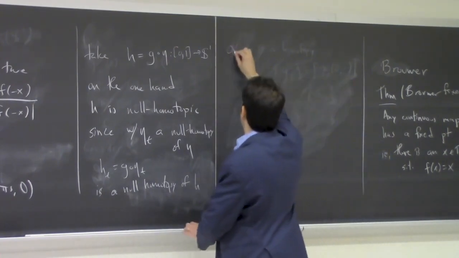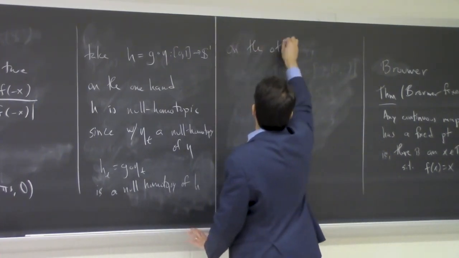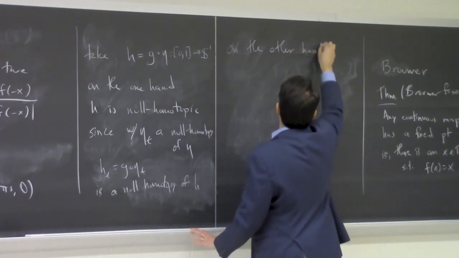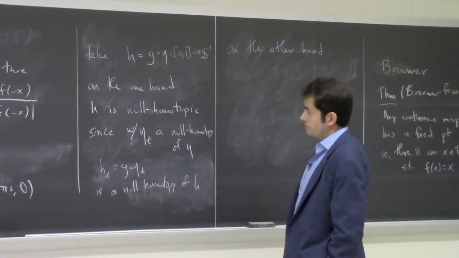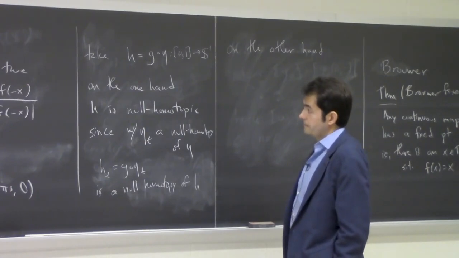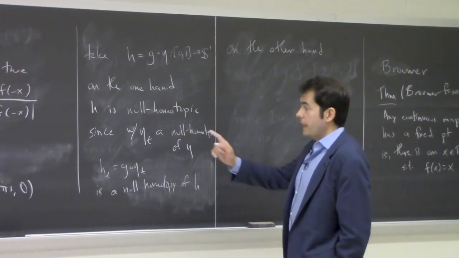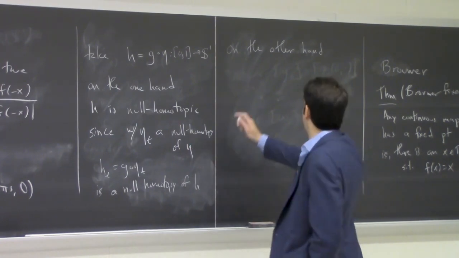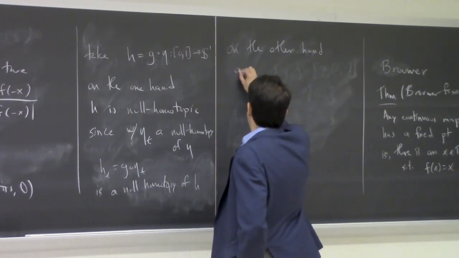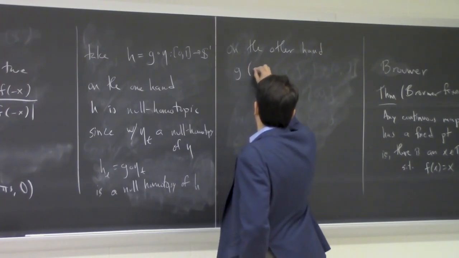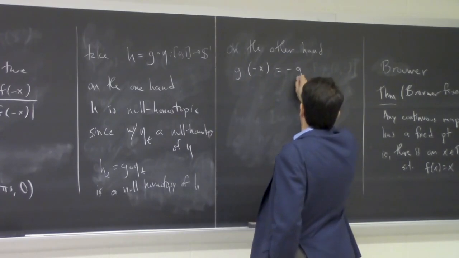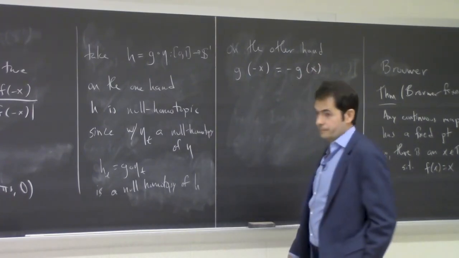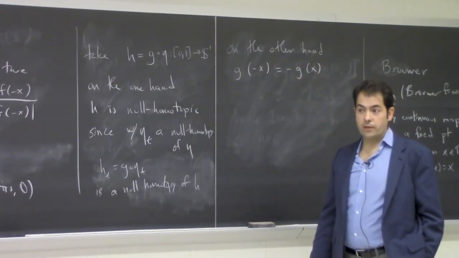Okay, on the other hand, if we stare at G, G has the property that if you look at minus x, you get minus what you got at x. Right?